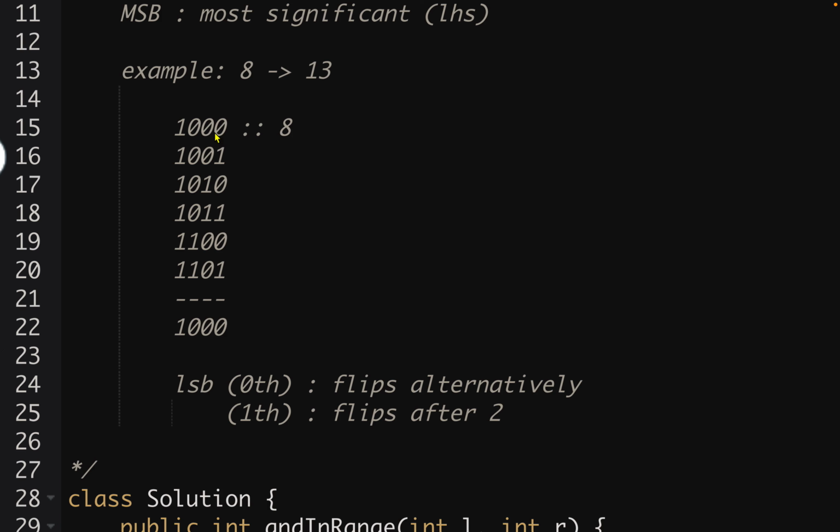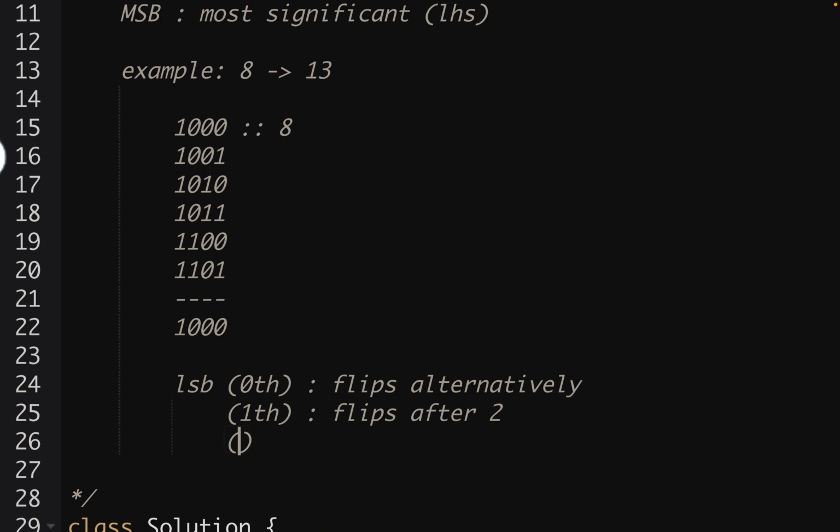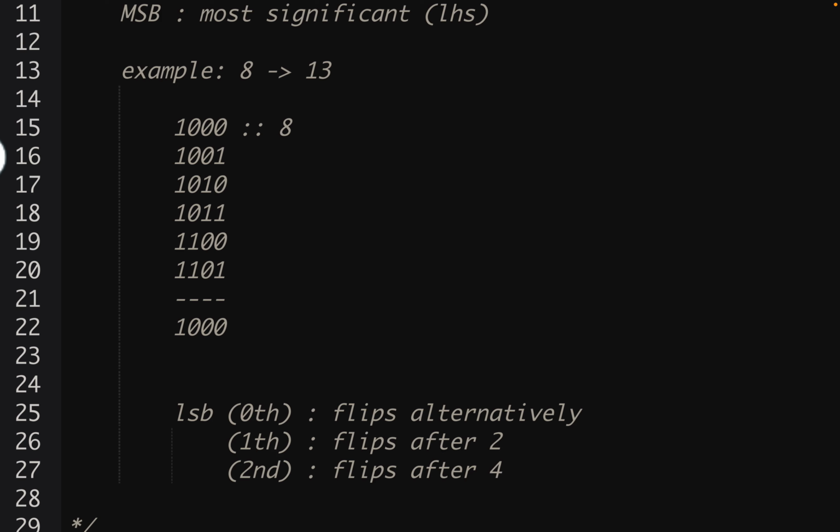So from the right, the second bit has 2 zeros, which is consistent zeros, then we have 2 ones, which is consistent ones till 2. Same goes with the second position, which flips after, what do you say, 3, no, 4, sorry, my bad, and it follows a pattern like 8 4 2 1, 8 4 2 1.